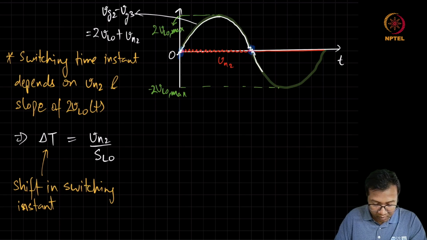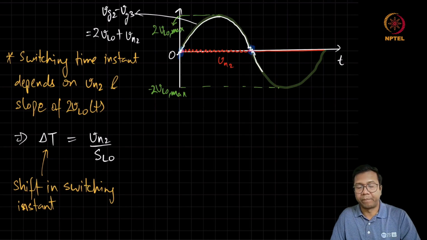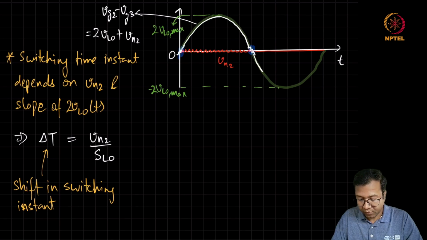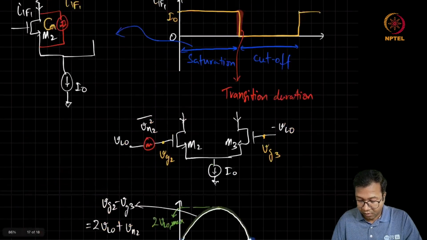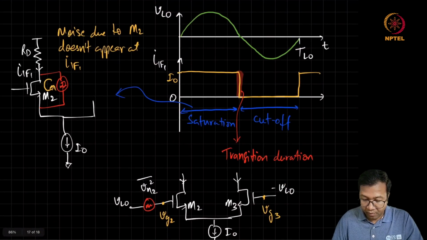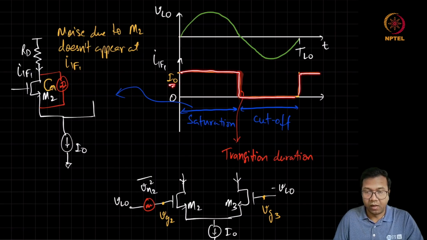So what is the impact of shift in the switching instant? The switching instant will shift. Accordingly, this I naught, which was nicely alternating in a symmetrical way between M2 and M3, will also see some perturbation here.